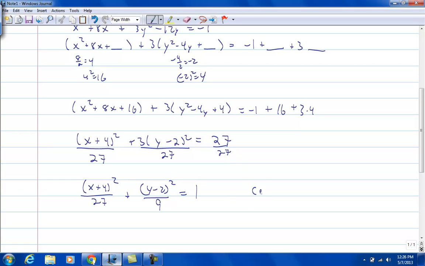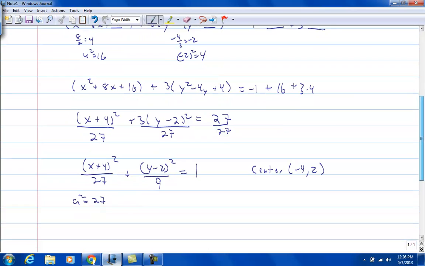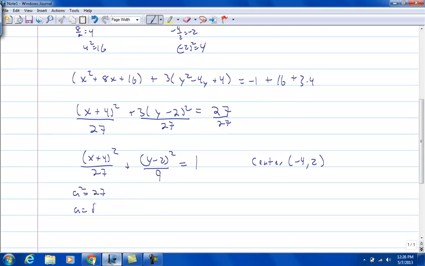So the center is going to be, see it's plus 4, so it'll be negative 4, because x minus negative 4 is x plus 4, comma 2. My a squared is 27, so a would be the square root of 27, which is 3 times the square root of 3. B squared is 9, so b is 3.